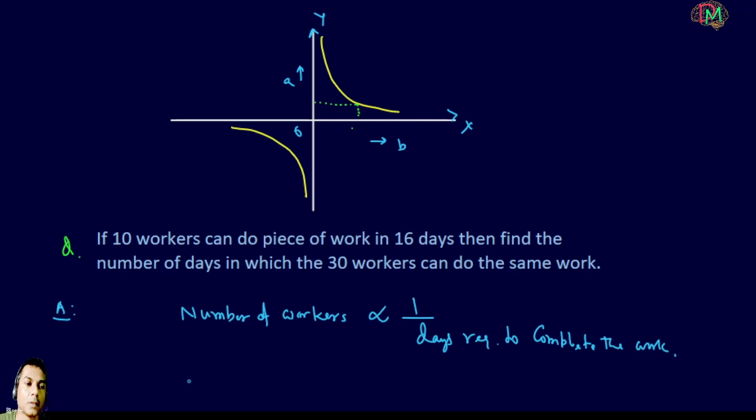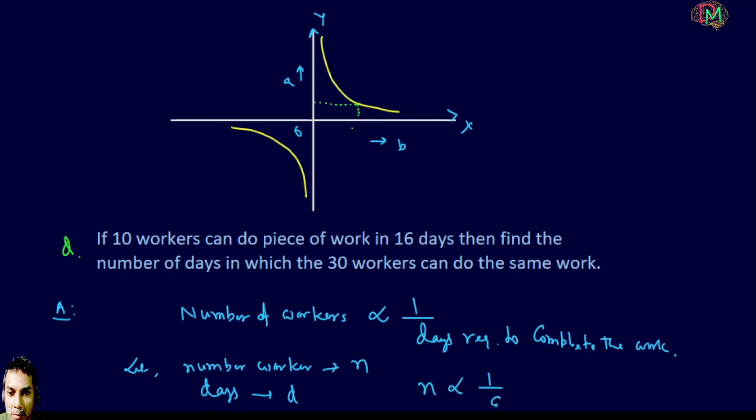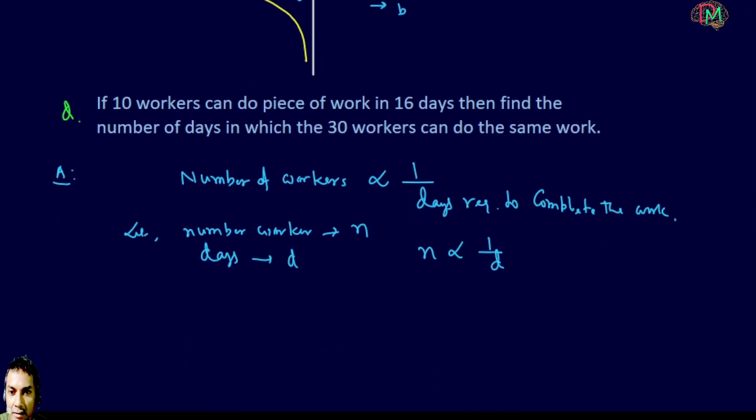Clear? So let's assume the number of workers as the variable n and days as d. So we can write n is proportional to 1 by d. Correct?